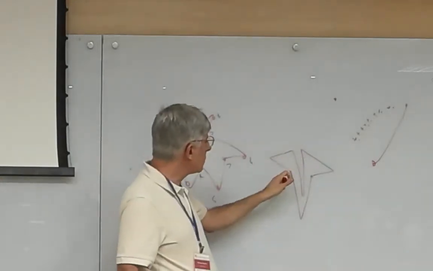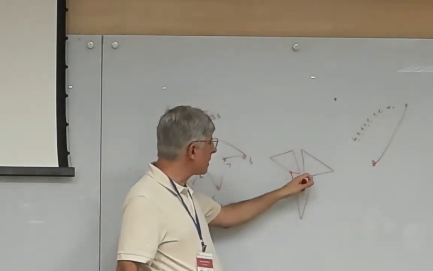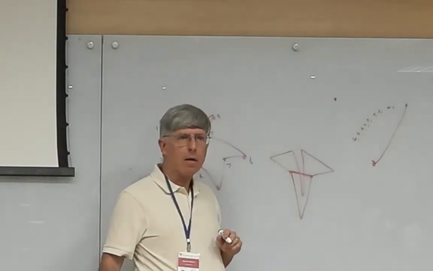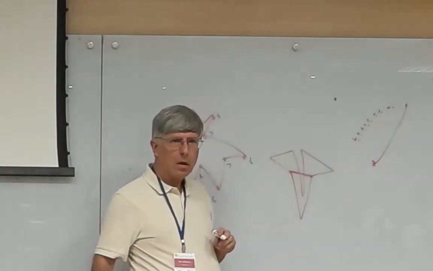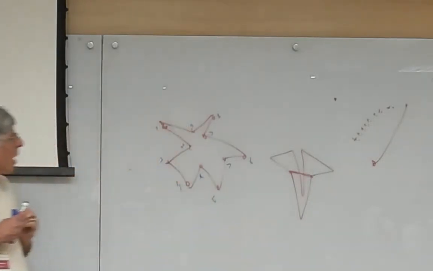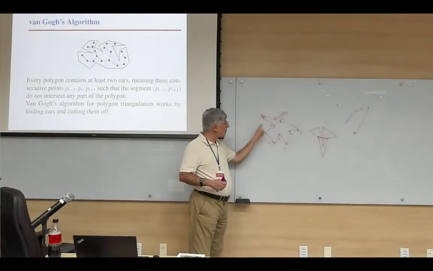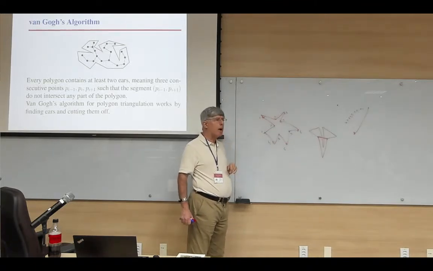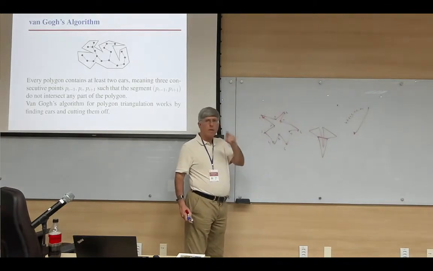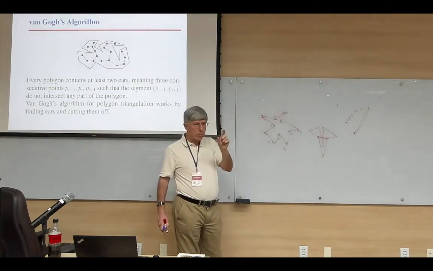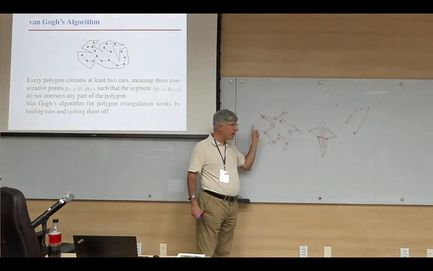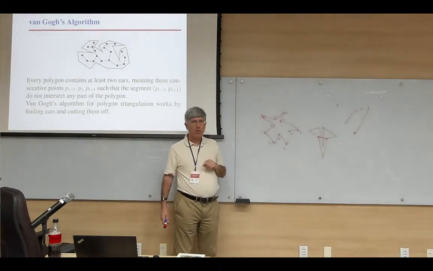Now, this is still going inside, but it might conceivably cut through some other piece that's already there, right? So how do we triangulate the inside of a polygon? Does everybody see that we can add chords so long as they are inside and they don't cut anything else, right? Okay?